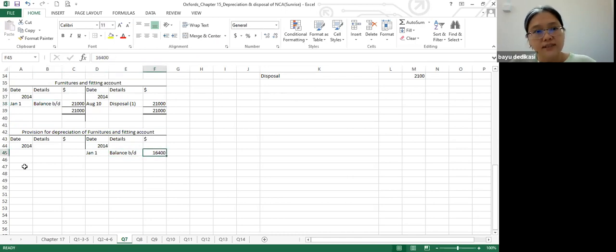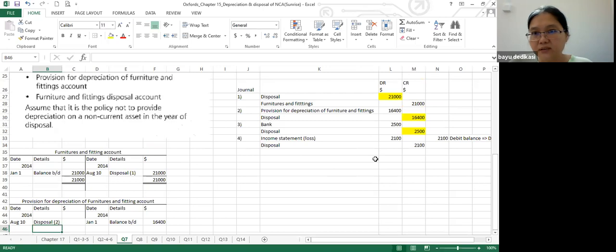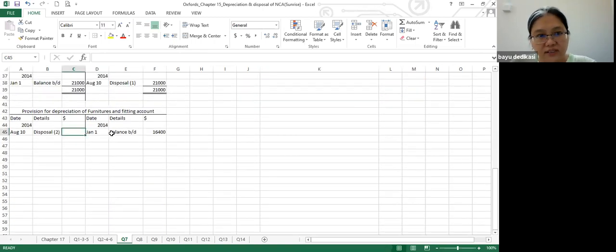Next, August 10, disposal. This disposal entry is the second entry that we make in here. Debit provision for depreciation, and credit disposal. 16,400. So total, settled off, no balance carried down, no balance brought down.